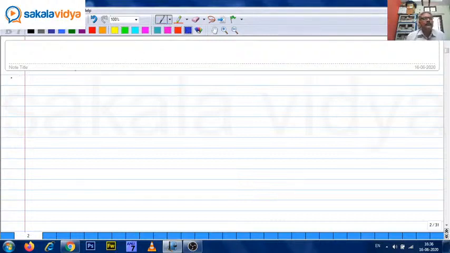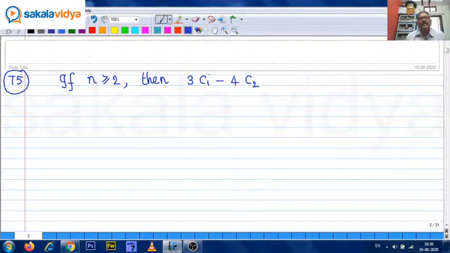Problem number 75. If n is greater than or equal to 2, then 3 times C1 minus 4 times C2, where C2 means NC2 and C1 means NC1 with usual notation, plus 5C3 minus and so on, plus minus 1 to the power of n minus 1 of n plus 2 Cn.